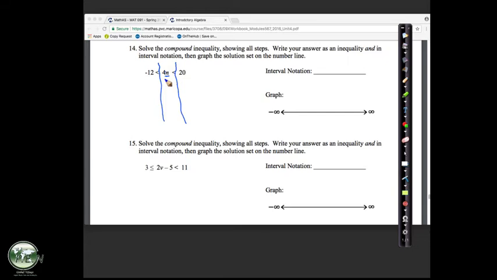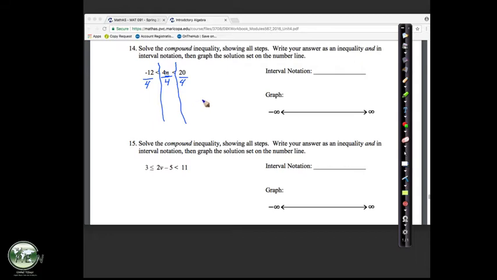Okay, so that's the first thing we do: we look in the middle and divide the middle by 4. But if we divide the middle by 4, what do we have to do to the other two sides? That's all that's a little bit different in these, that there's more than one side. So we'll divide this by 4 and this by 4. We're really doing two problems at the same time.